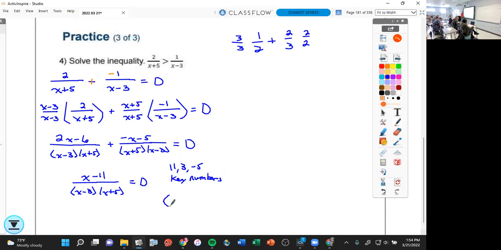Let's go from negative infinity first, small to large. Negative infinity to negative 5, negative 5 to 3, 3 to 11, and 11 to infinity. So I've taken that infinite number line and separated it into 4 pieces. Now what do I do? Test each one. Okay.